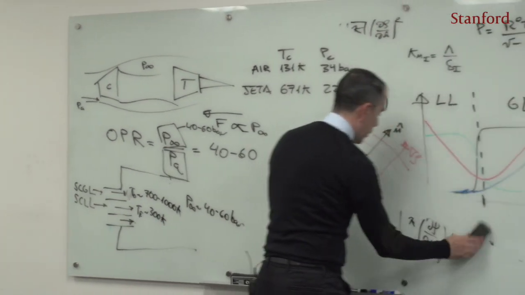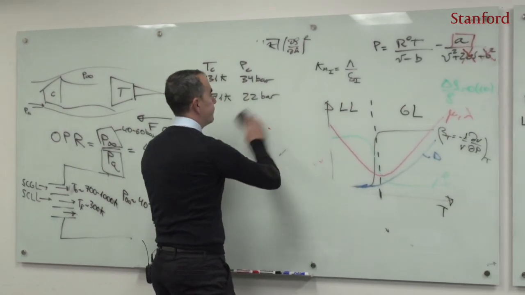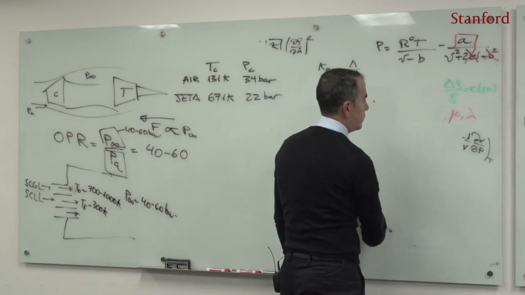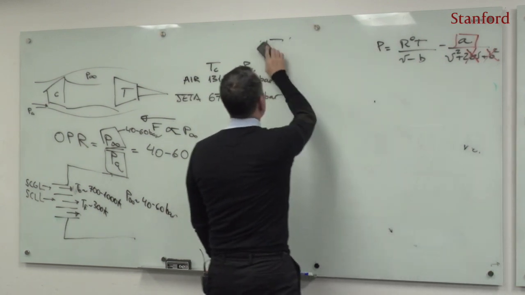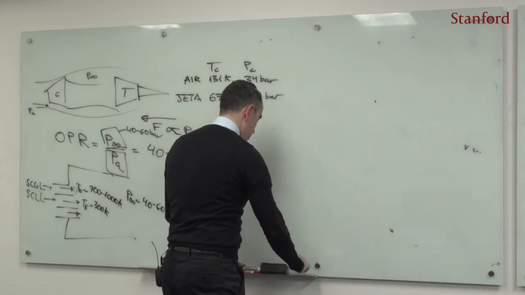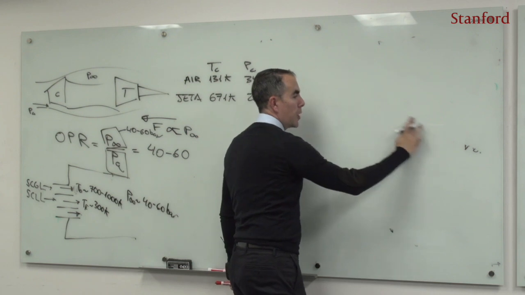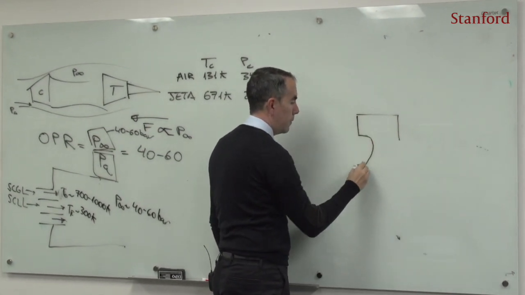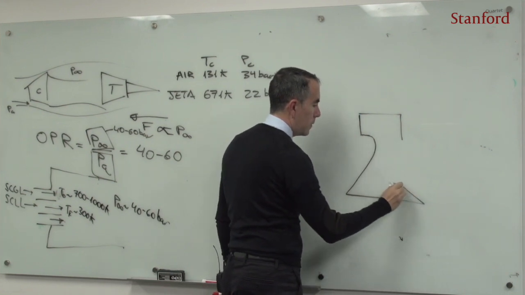So, for instance, if I look at a rocket engine, what I have is a combustor attached to a nozzle, a convergent divergent nozzle.